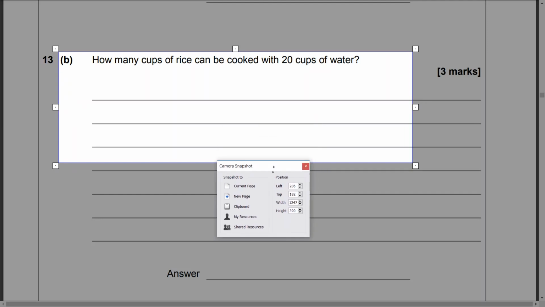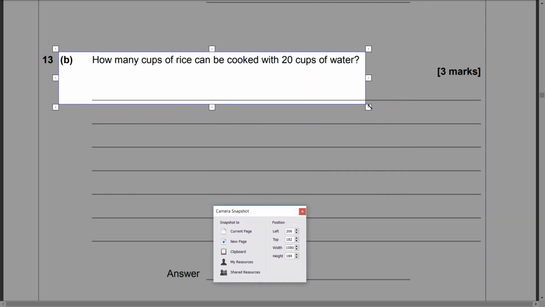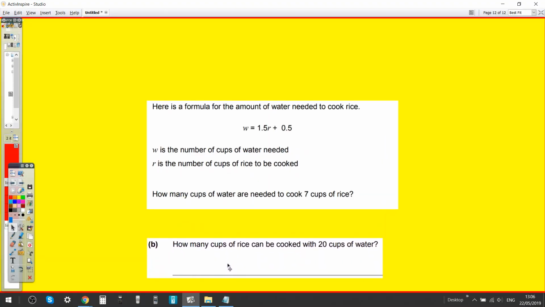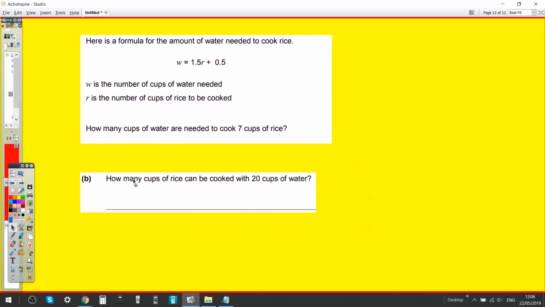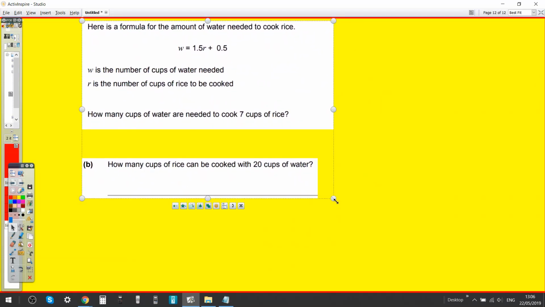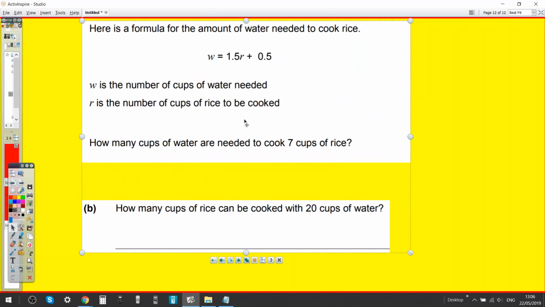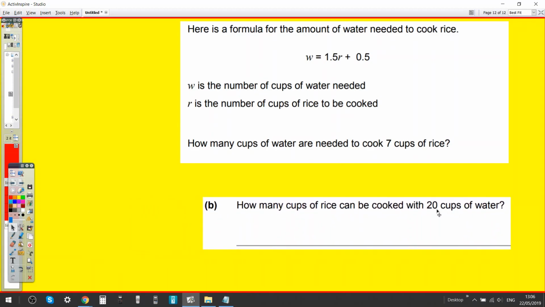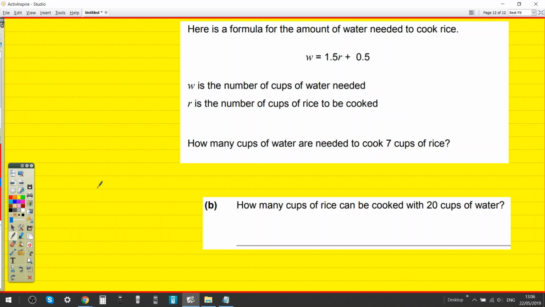It's 1.5. So that's 1 cup of water with 5 cups of rice. 1.5. Is that what that represents?